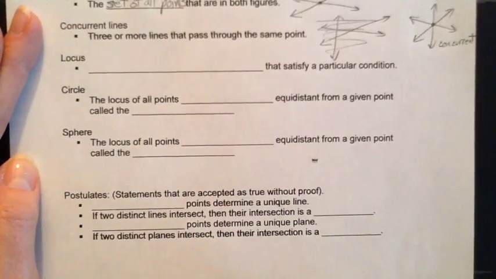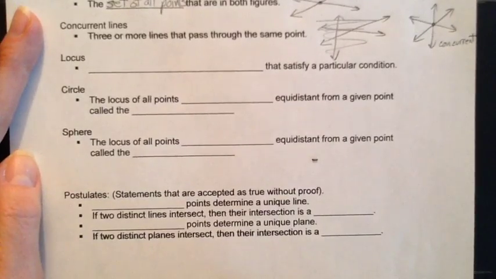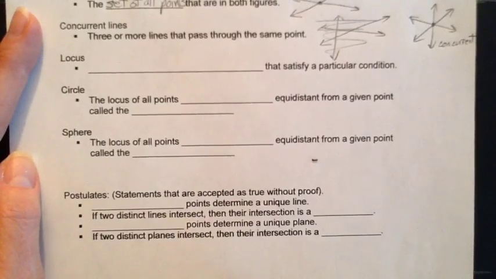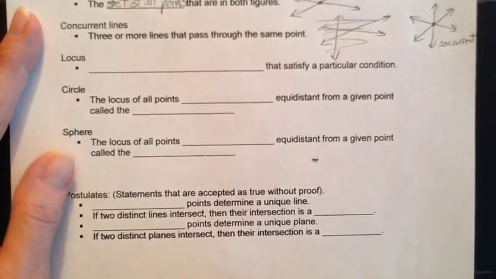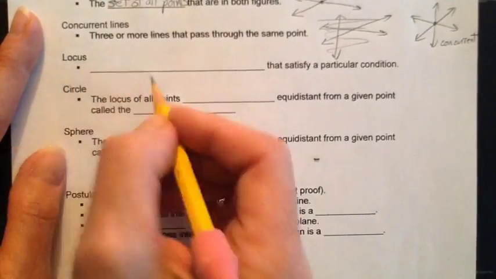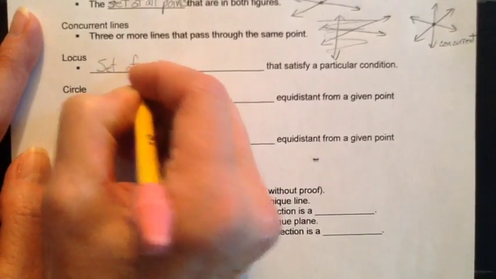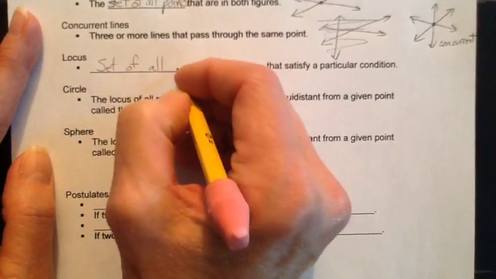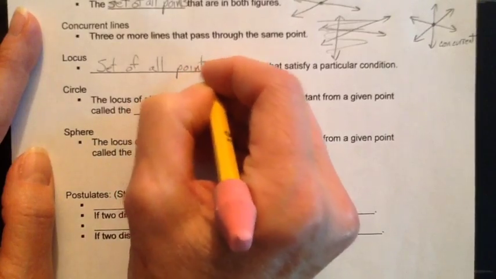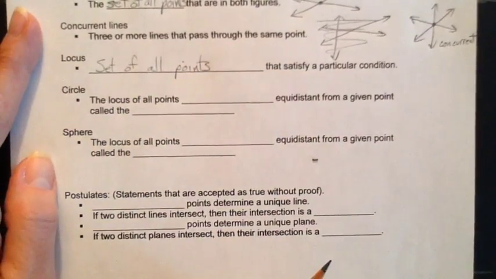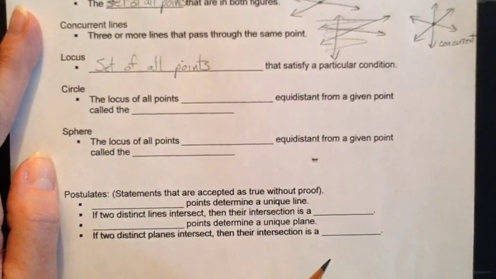Locus is a nice little term, not one that you necessarily need to know. It's just used frequently in definitions. And locus simply means the set of all points that satisfy a particular condition.